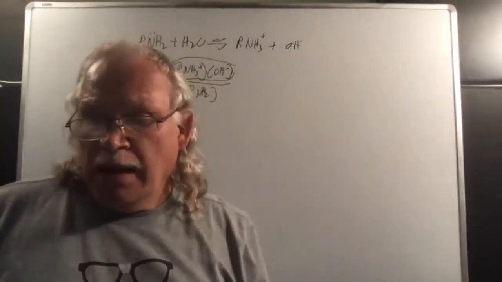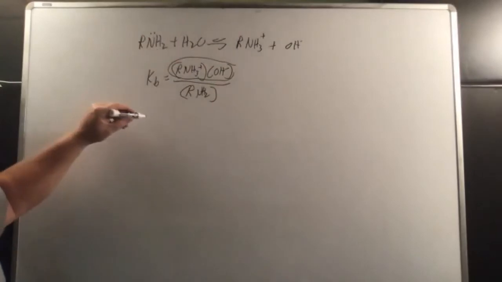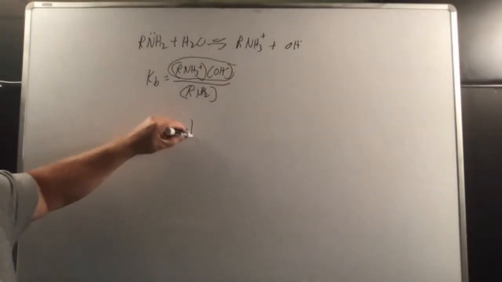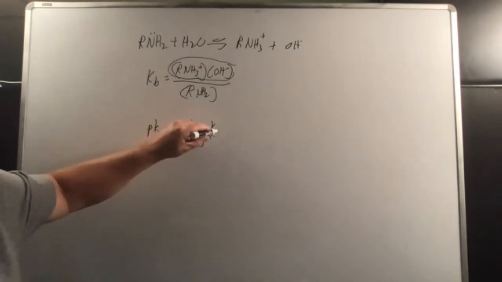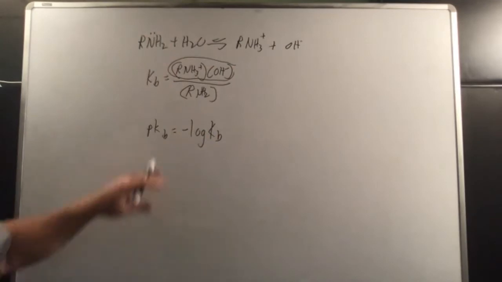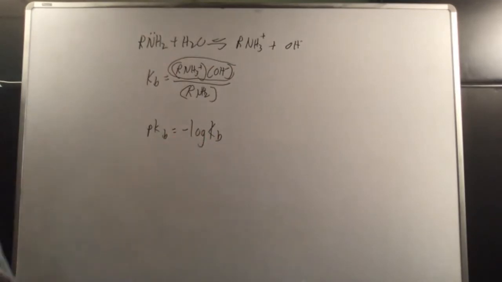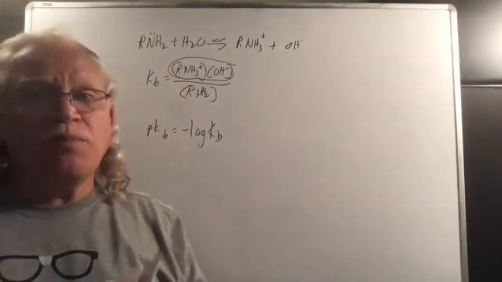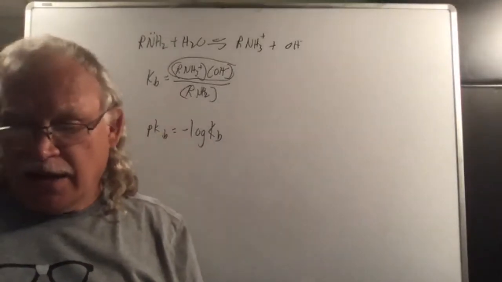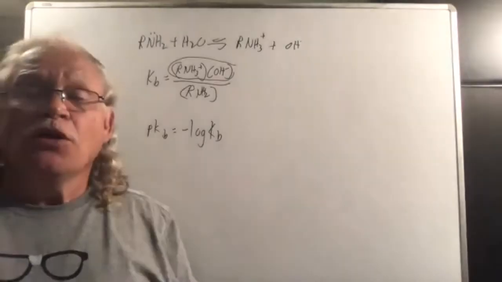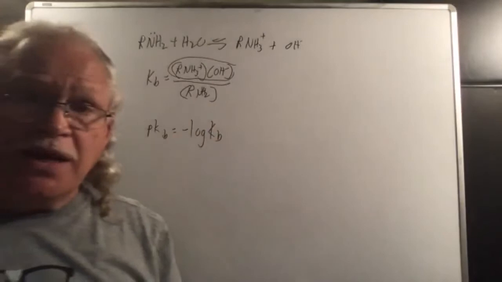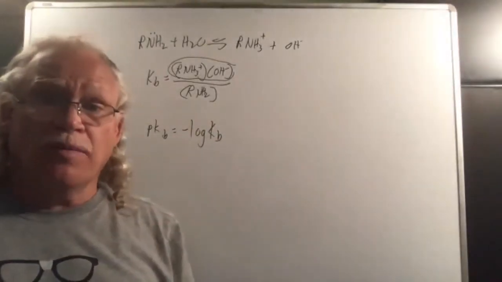Okay? Now, we also know that pKb equals the negative log of the Kb. So the larger the Kb, because of this negative sign, the smaller the pKb. So here's the thing that comes out of this. The larger the Kb, the smaller the pKb, the stronger the base.